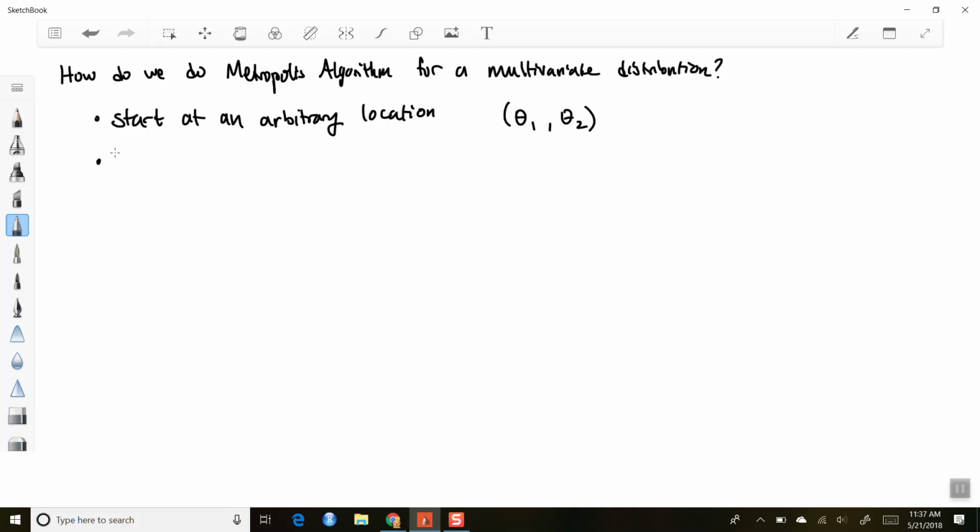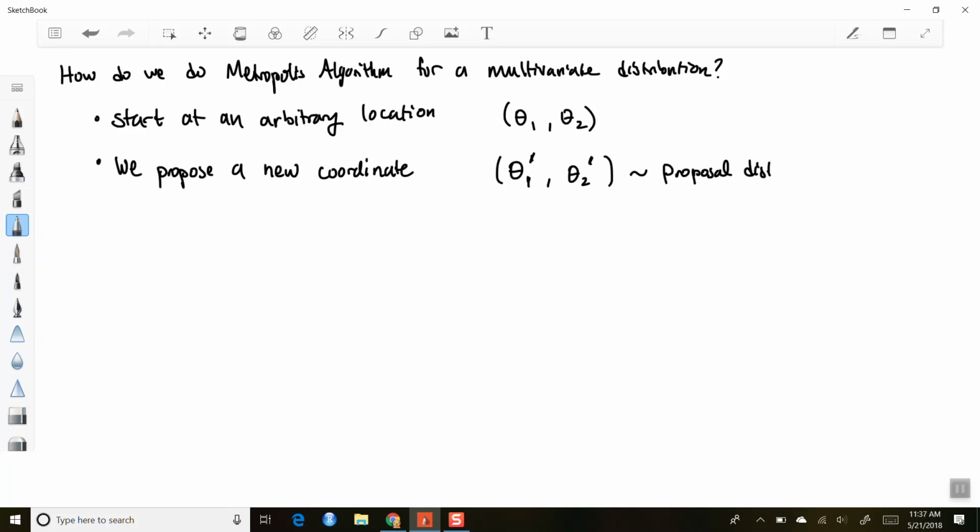And then we will propose a new coordinate. All right, so we'll call this theta 1 prime and theta 2 prime. So this will be some new coordinate that we propose, and this comes from a proposal distribution.